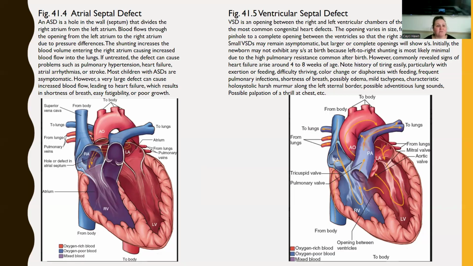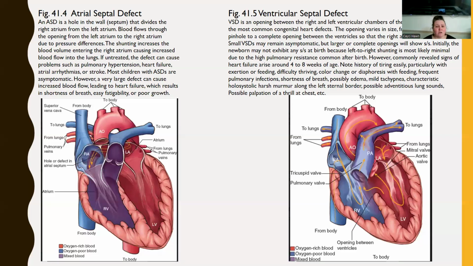So you have blood flowing from the left atrium to the right atrium due to the pressure differences. That shunting increases the blood volume entering the right atrium, causing increased blood flow to the lungs. If left untreated, the defect can cause problems like pulmonary hypertension, heart failure, atrial arrhythmias, and even stroke.